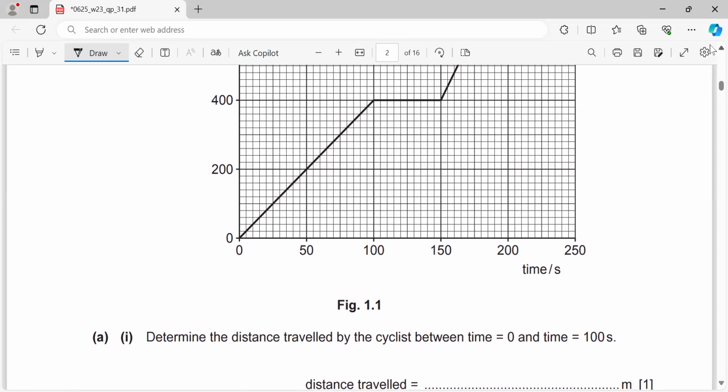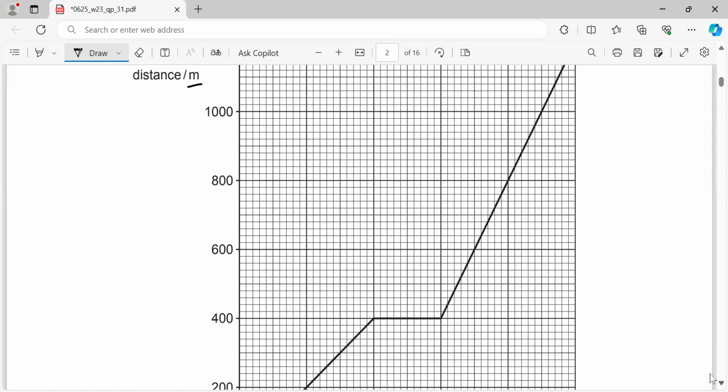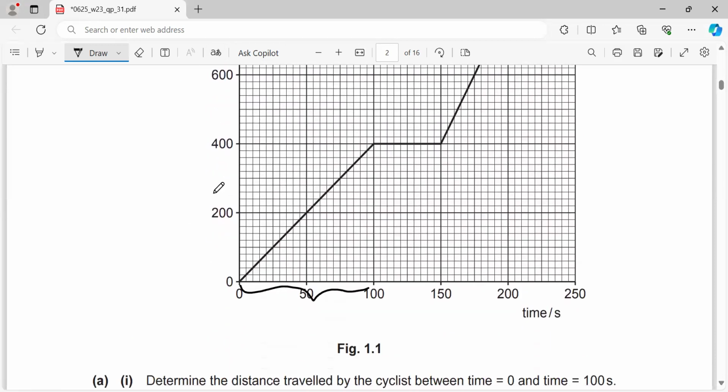If you look at this graph, from 0 to 100, and look at the distance in meters, the distance is this one, 400, because the straight line of the graph increases from the origin to this coordinate point.